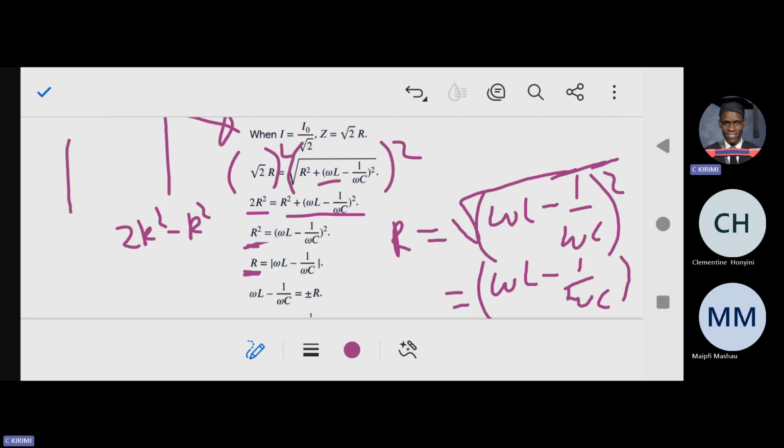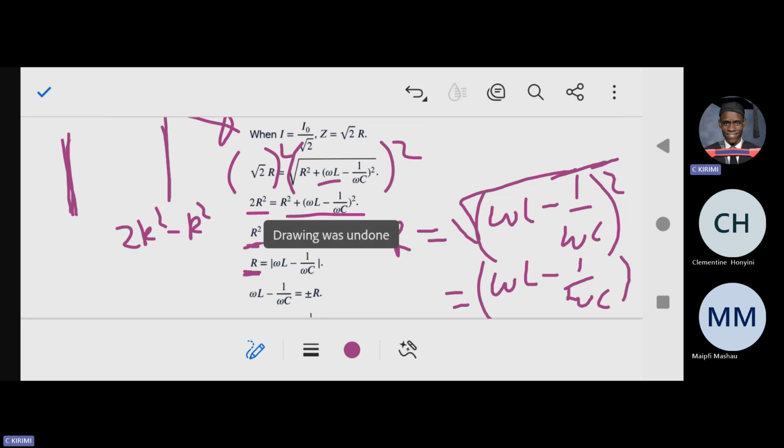Remember, you can't have a resistor that is negative. So this symbol for absolute is indicating to you that R must be positive.